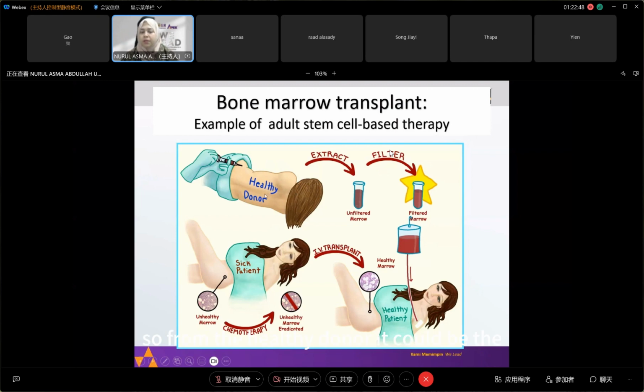So from the healthy donor, it could be the patient's sister or the patient's mother, extract the marrow, and after extracting, transfer to the sick patient. IV transplant, healthy marrow.